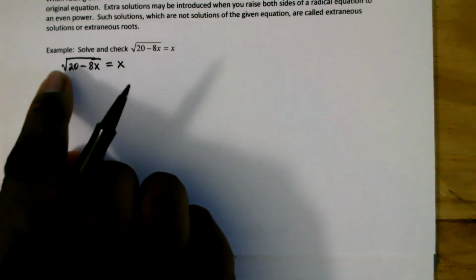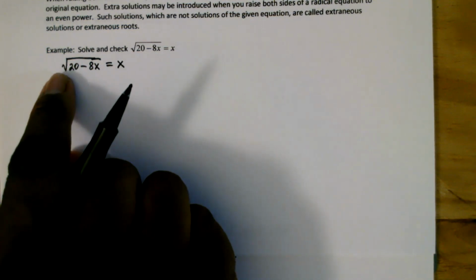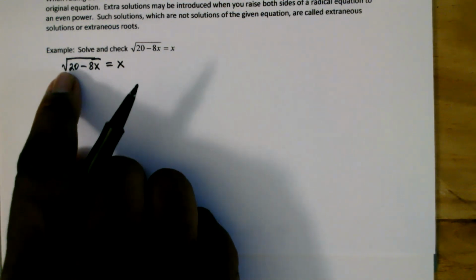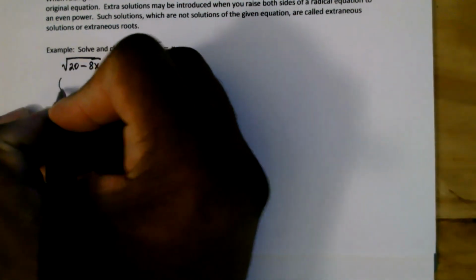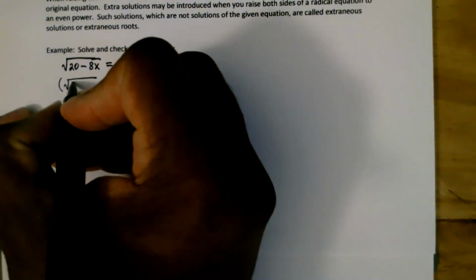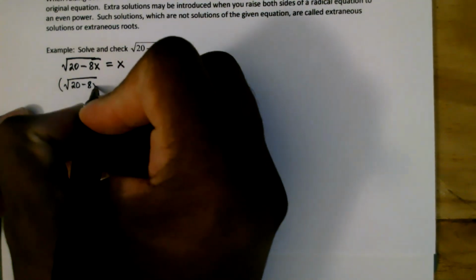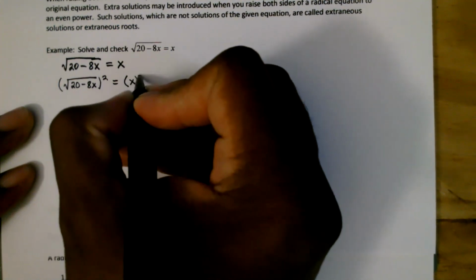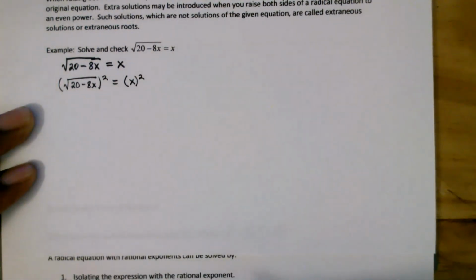Well, in this case, the radical is already by itself. So the opposite of taking the square root would be to square both sides of this equation, and this x will have to be squared as well on the other side.